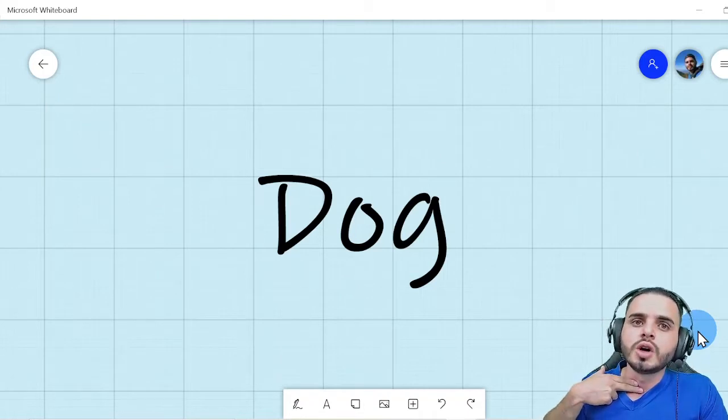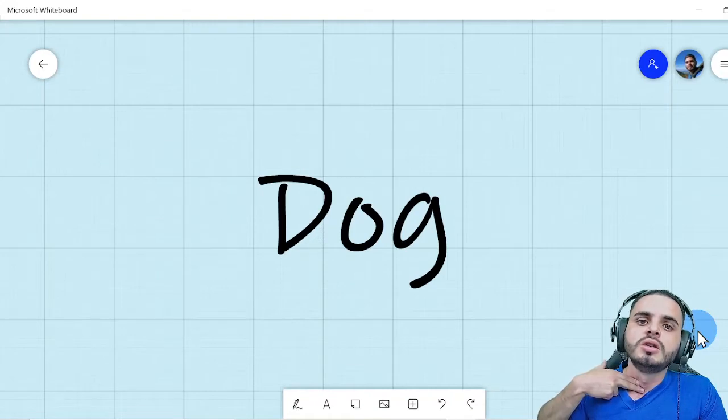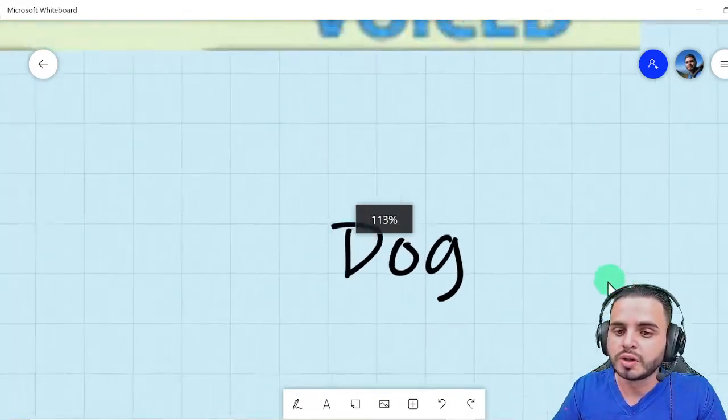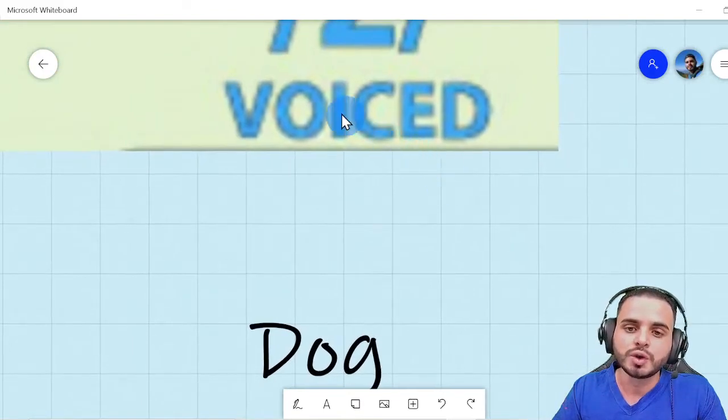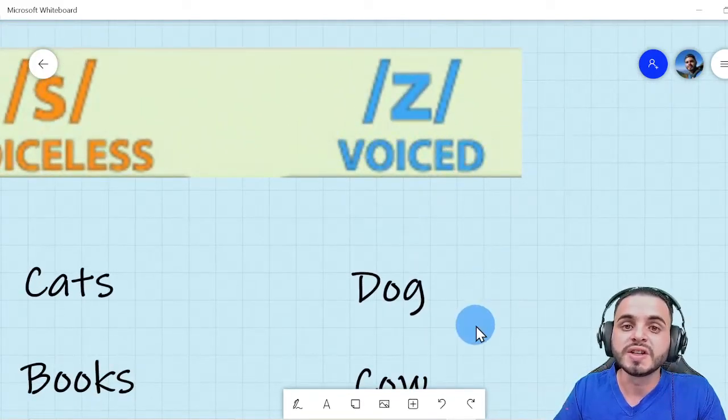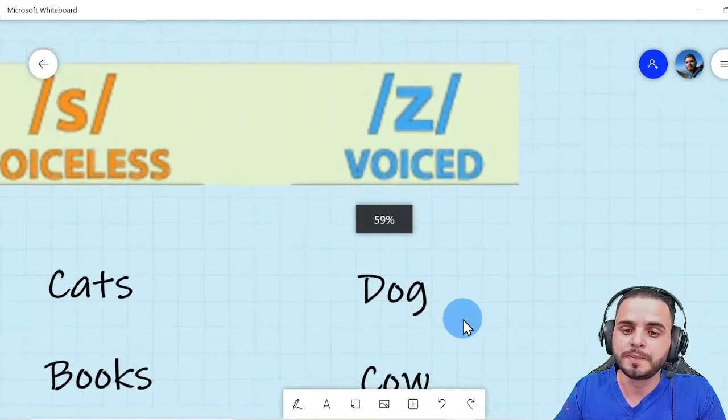So you say dog, dog, g, g, g. So that's the sound, and you feel vibration. So this sound is going to be called a voiced sound, because it has vibration.